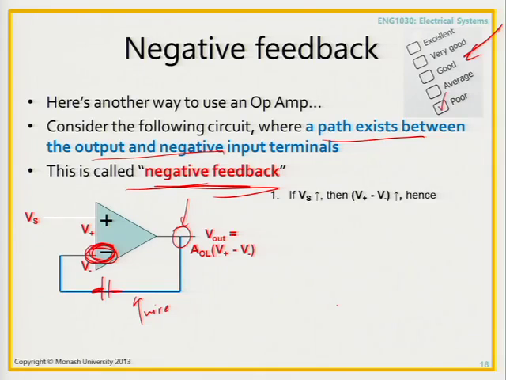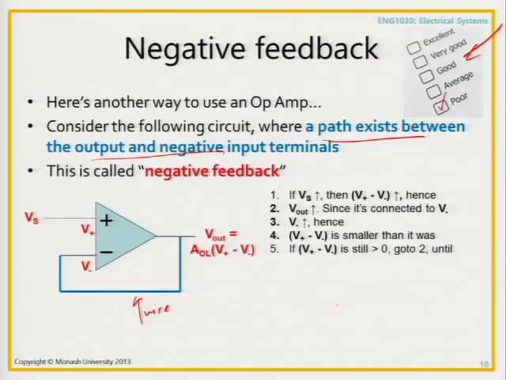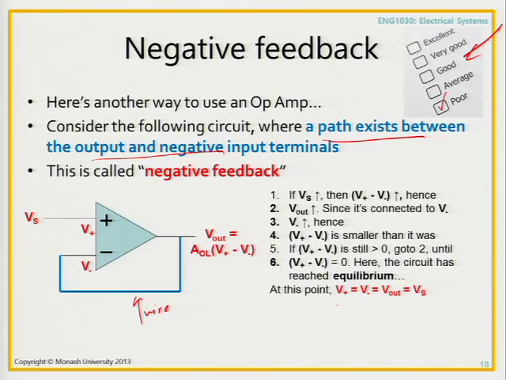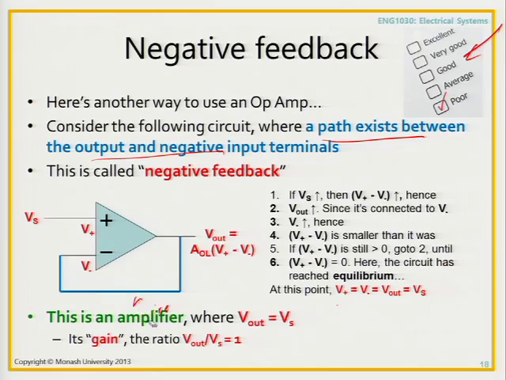In this case, I won't go through this part exhaustively, but in your own time, when you want to understand what is happening, some of you may want to, and some of you may just want to know that when this is connected, something happens. If you go through this bit of logic, the main thing that happens when you have negative feedback is that V plus is equal to V minus, and in this case, it's also equal to V out and Vs. So here's the main thing.